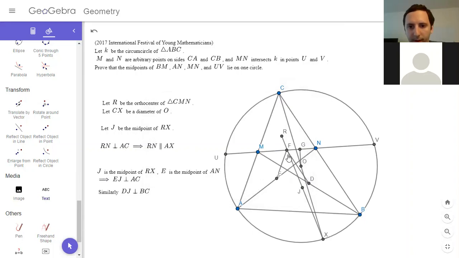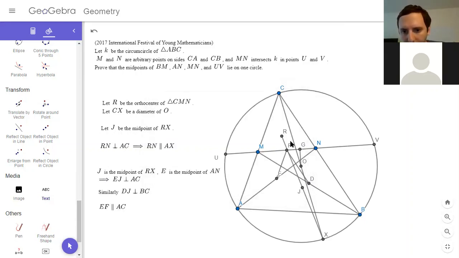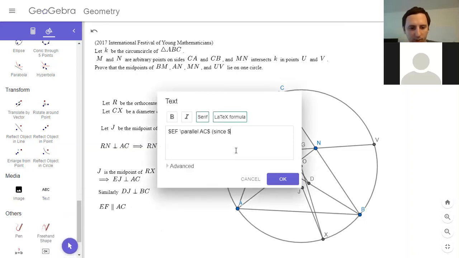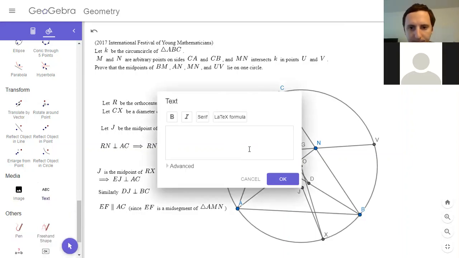So EF is parallel to AC, since EF is a mid-segment of triangle AMN. So EF is perpendicular to EJ.